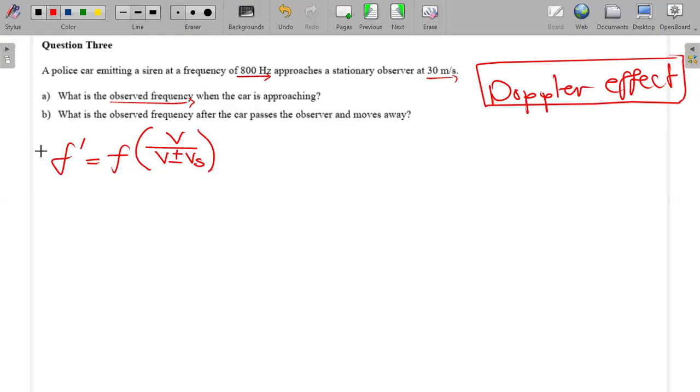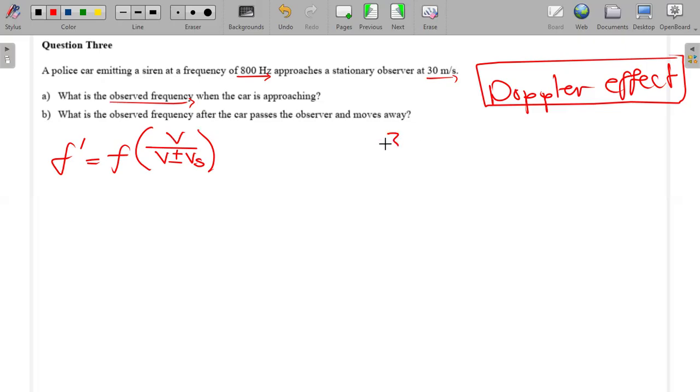This is the Doppler equation that we use when the principle you are discussing is the Doppler effect. So you have the observed frequency here, which is the one they're asking about. Then we have the emitting frequency, which is the source frequency. They've given us the source frequency to be 800 hertz. Then there's the speed V, which is the speed of a sound wave in air.